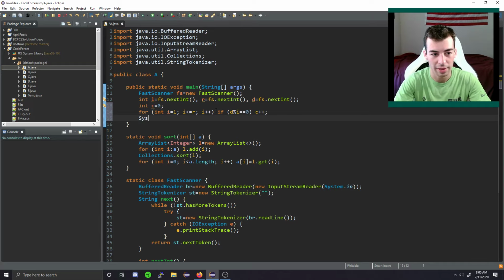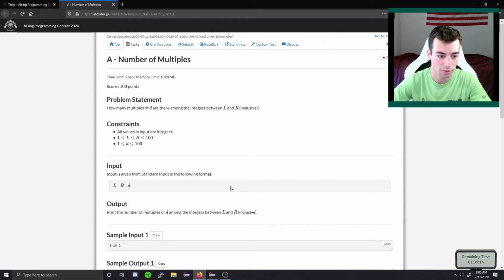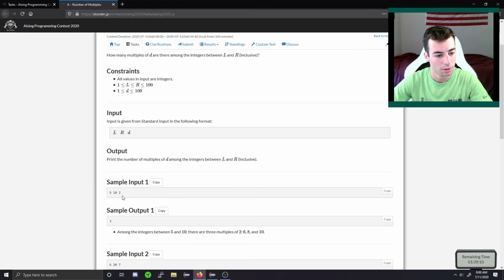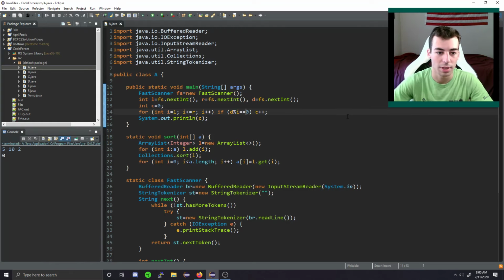Count all of them and then print the answer. I think it's inclusive, but we'll see. How many multiples? Got it.